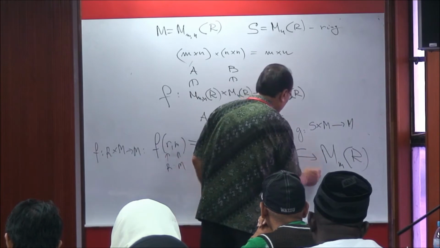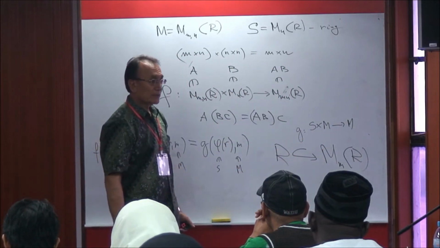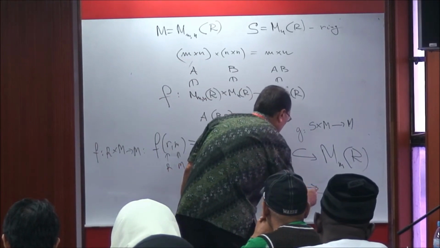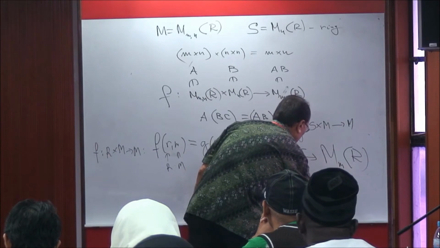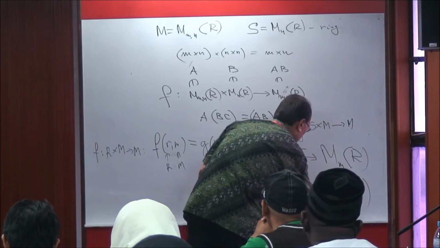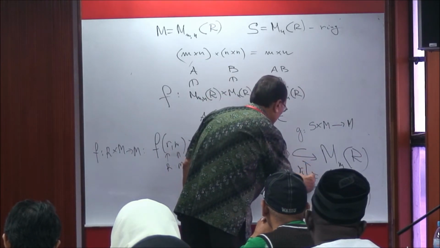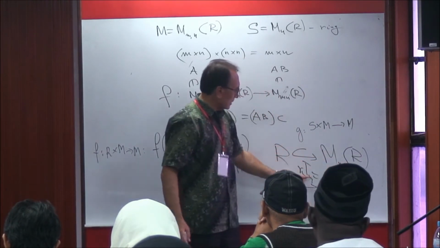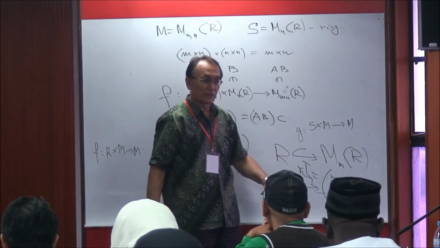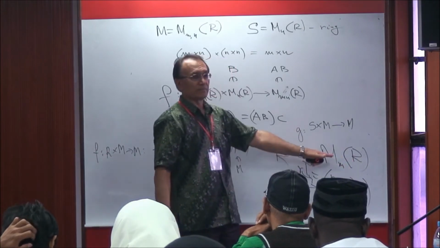You can include your R into those quadratic matrices. How to do it? You take R, you assign R, and so on, R0. This is R times the identity matrix. If you take N, you take the N by N identity matrix. So again, you include. For any M, you can do it.